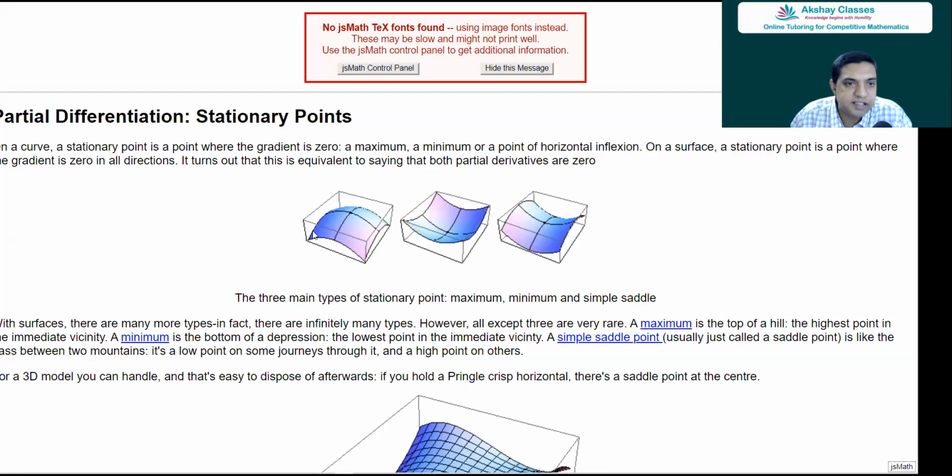So here is an example of a stationary point, a point where the function attains maximum, a point where the function attains minimum, but this is what is called a saddle point.